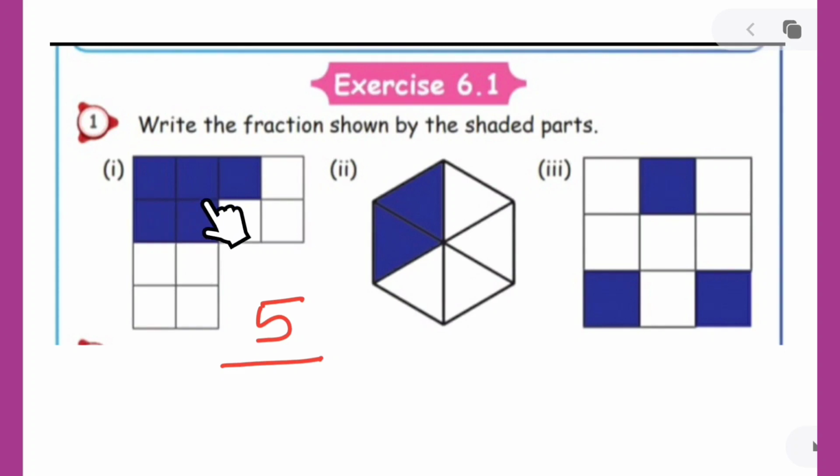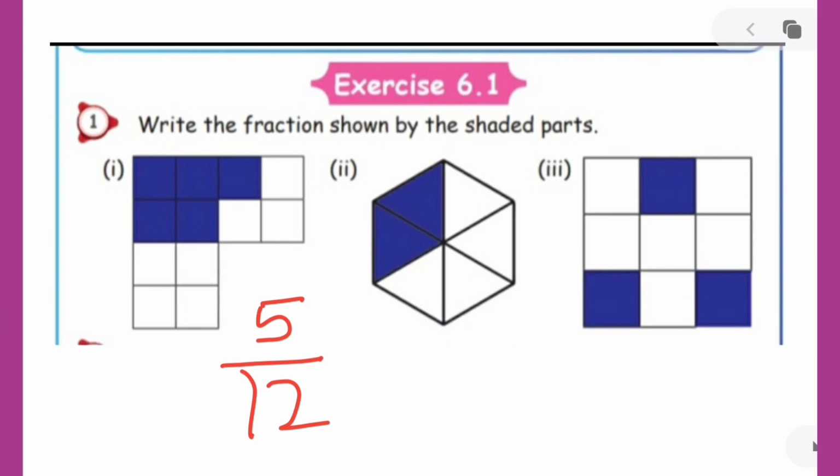Already 5 boxes are shaded, and after 5 comes 6, 7, 8, 9, 10, 11, 12. So the total box value is the shaded portion plus the remaining portion. The full box value is 12. So we write 12, shaded portion divided by total parts. So 5 by 12 is the fraction value.